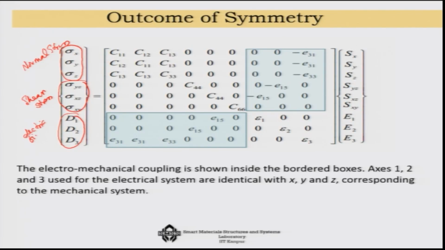In fact, if you integrate each one of them, you will get the charge that will be stored in that area. So how many do you have? You have a total of 9: 6 stress components and 3 electric field displacement components.